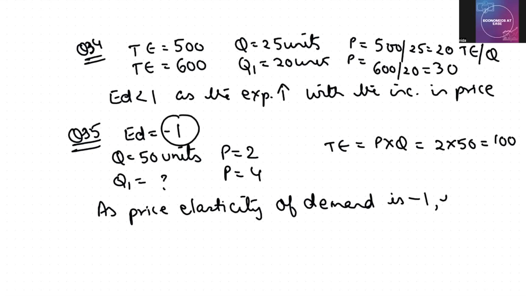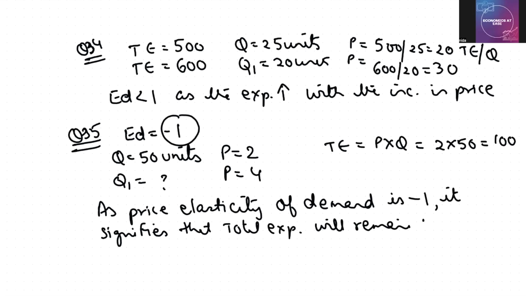It signifies that total expenditure will remain unchanged. Okay, so quantity 1 equals to 100 divided by 4 equals to 25 units.